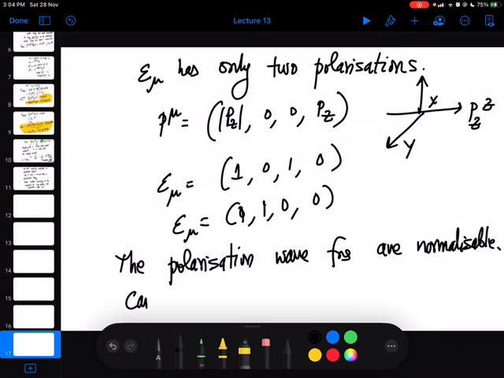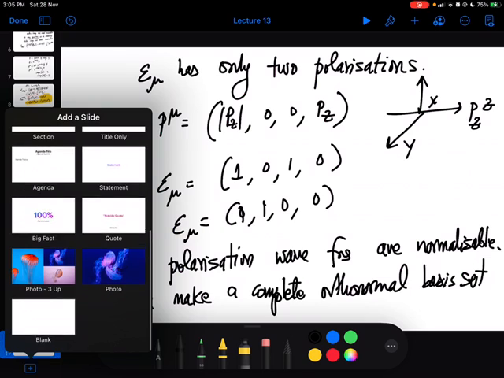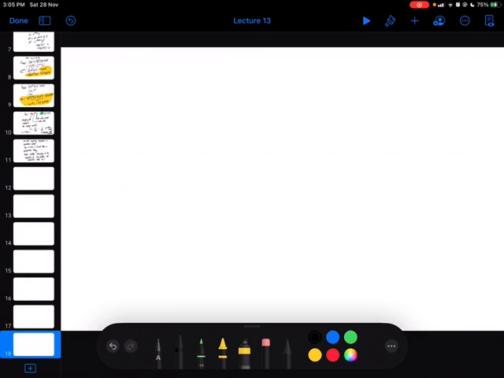So you can make a complete orthonormal basis set of these wave functions.